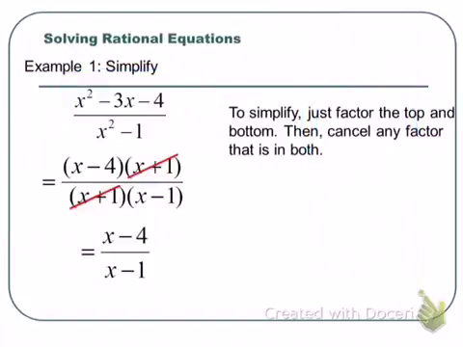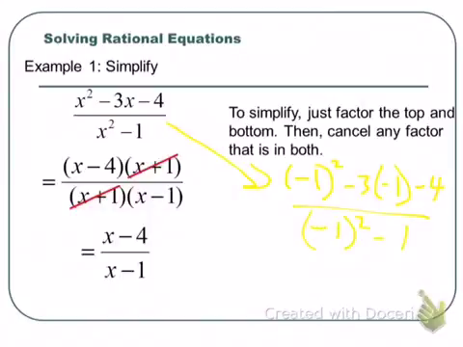I don't know. Let's take this expression right here. Y'all watching? And let's evaluate it for x equals negative 1. So I would have negative 1 squared minus 3 times negative 1 minus 4, over negative 1 squared minus 1. What does that give me up top?